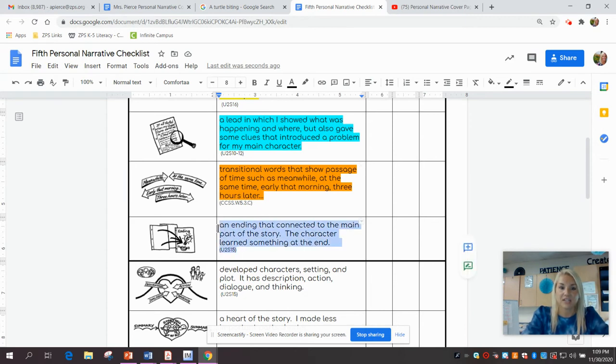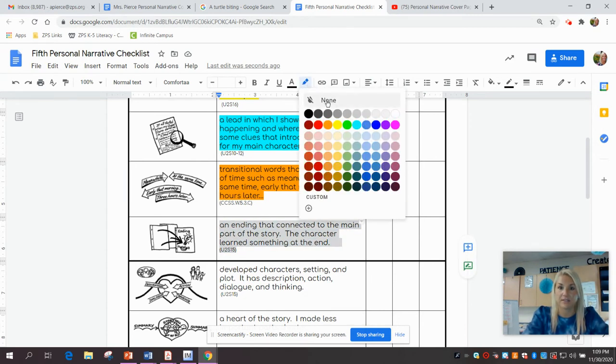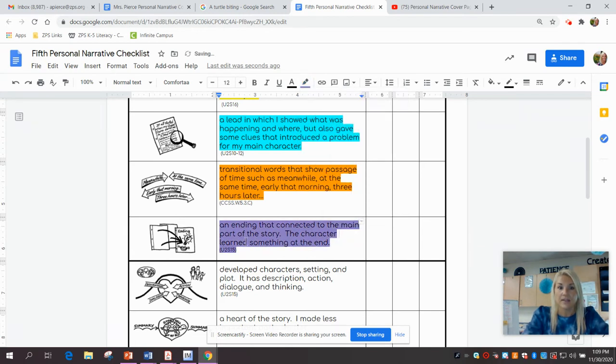The next section that you need to look over to make sure your piece really has, go ahead and use lighter purple, is an ending that is connected to the main part of the story. The character learned something at the end, felt something at the end, or accomplished something. So in my personal narrative, I ended where I learned a lesson, friends, those of you in blue team, because I gave into peer pressure and I puckered up and tried to kiss that turtle and it latched onto me.